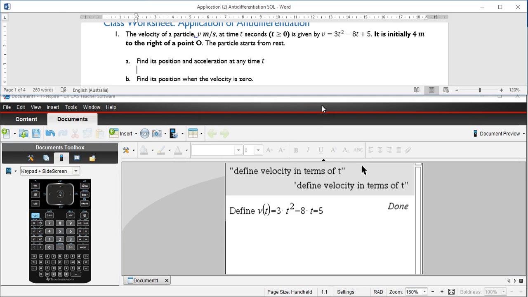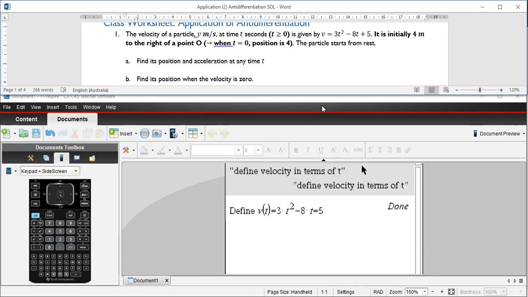So when time equals 0, let's just translate that here. This means that when t equals 0, position is 4. Okay. Particle starts from rest.